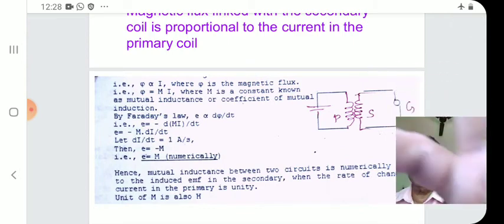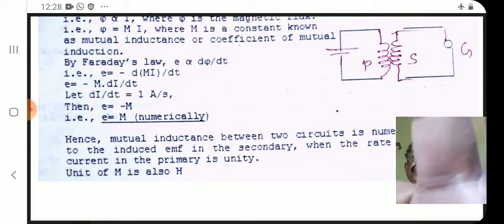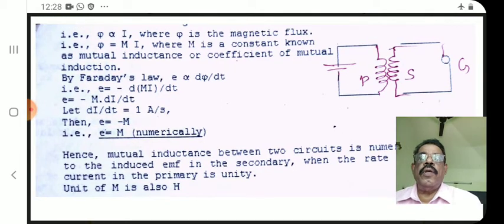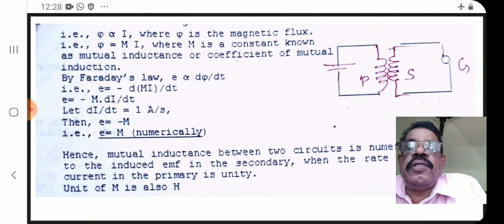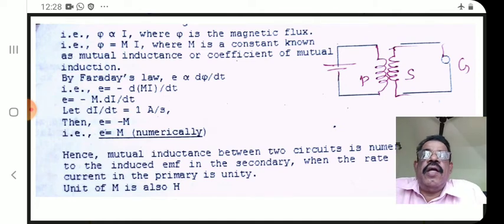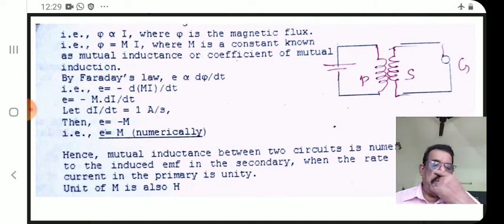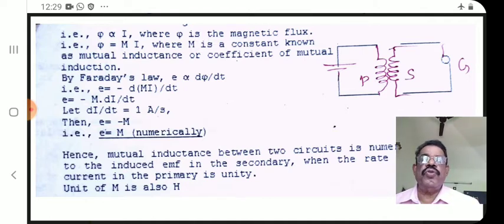Here in the figure, two circuits are shown. One is a primary coil to which a battery and a key is connected, and there is a secondary coil placed close to it, and a galvanometer G is connected. You know, galvanometer is a device to indicate the current.